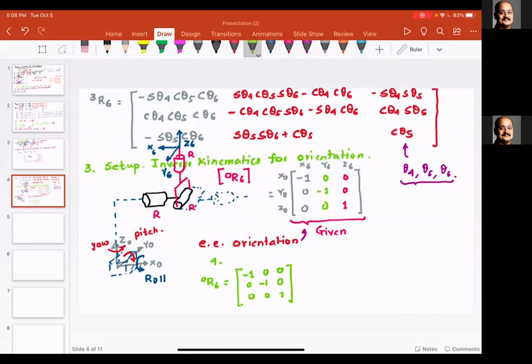This 0R6 can be written as 0R3 multiplied by 3R6. And I want you to understand 0R3 is known from step 2.